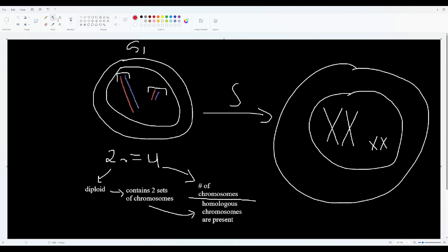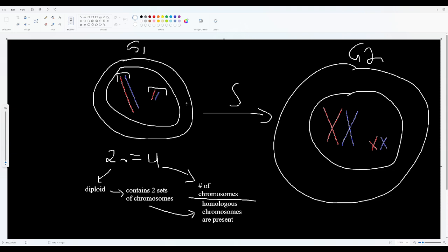And for posterity's sake, let's go ahead and color these ones as well. So now, what is different? Now the DNA has been duplicated, it's been replicated. There's twice the amount of DNA during G2 phase as there was in G1.